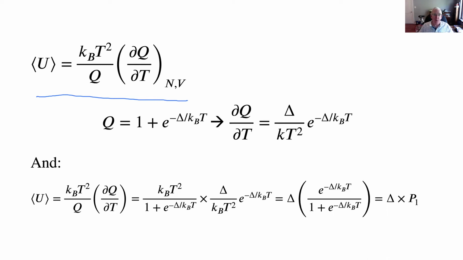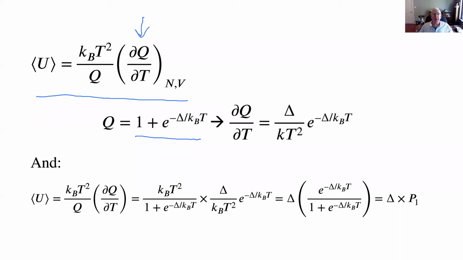My partition function expression that we wrote out on the previous slide is just this one. So that says the term that comes from the ground state is 1 because the ground state energy was 0. And then the second one is the term in the partition function from the upper state. Take those two things together and I get the partition function. I need the derivative of that to evaluate because I'm going to put the derivative in there.